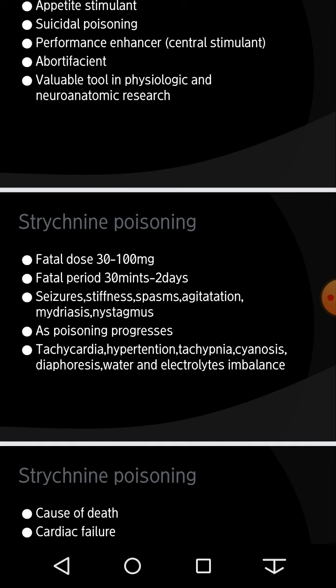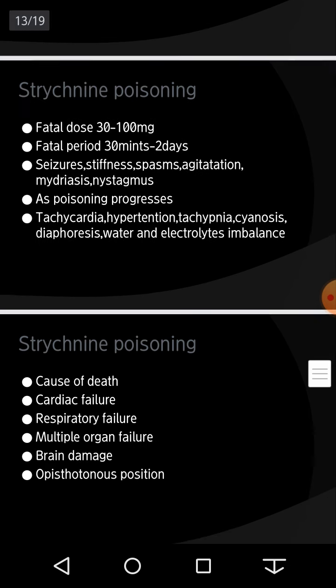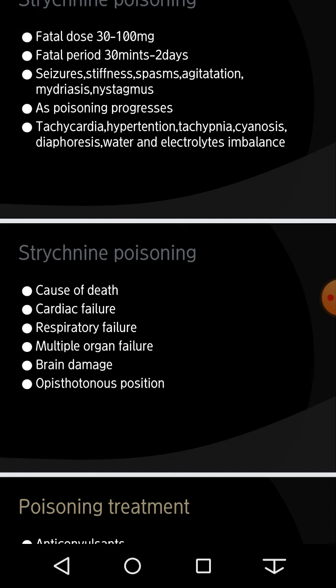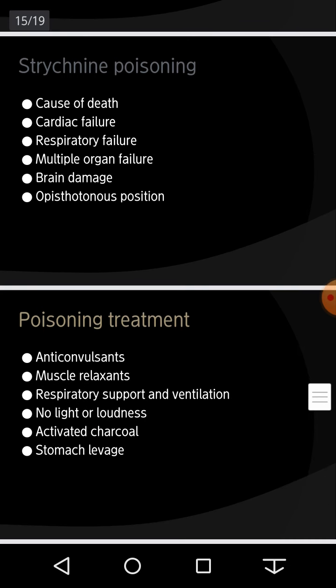Tachypnea is rapid breathing, and diaphoresis is sweating. Now strychnine poisoning causes death, cardiac failure, respiratory failure, multiple organ failure, brain damage, and opisthotonos position.